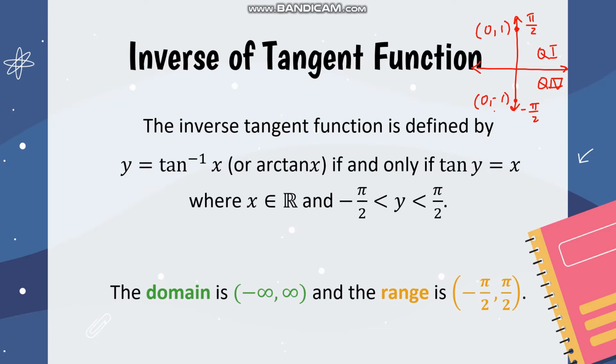If the tangent of pi over 2 is already undefined, how are we going to get the inverse? It means that the inverse does not exist. Same with negative pi over 2. That's why they are just the boundaries, but they are not included. So our inverse tangent function only exists in quadrant 1 and in quadrant 4, but pi over 2 and negative pi over 2 are not included.